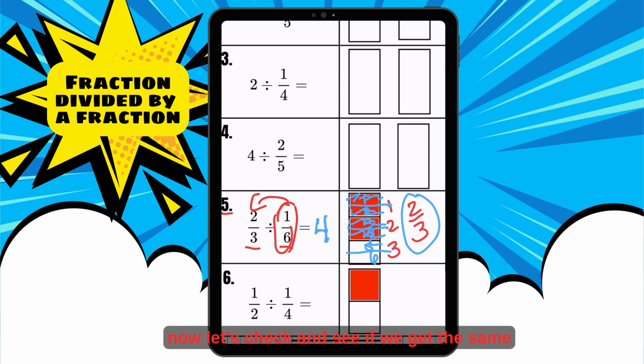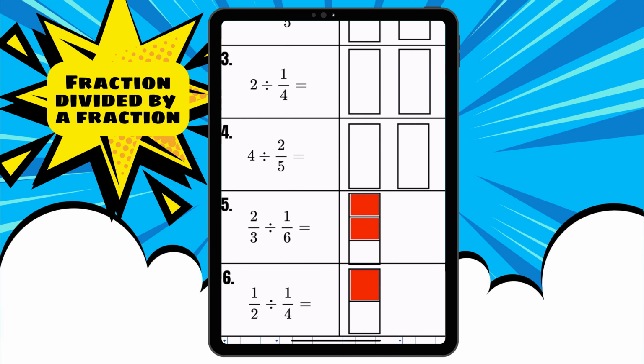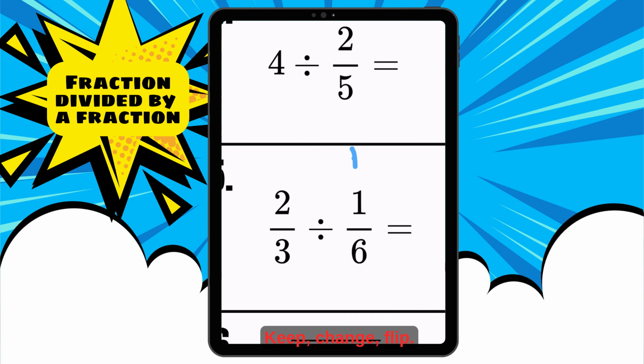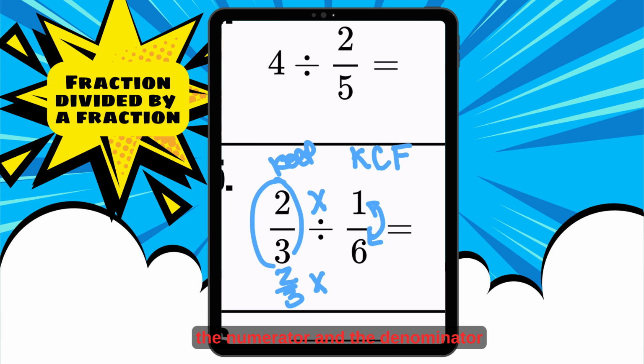Okay, now let's check and see if we get the same answer using keep, change, flip. So we keep 2/3. This first term stays the same. We change division to multiplication, and then we flip the numerator and the denominator to 6 over 1.